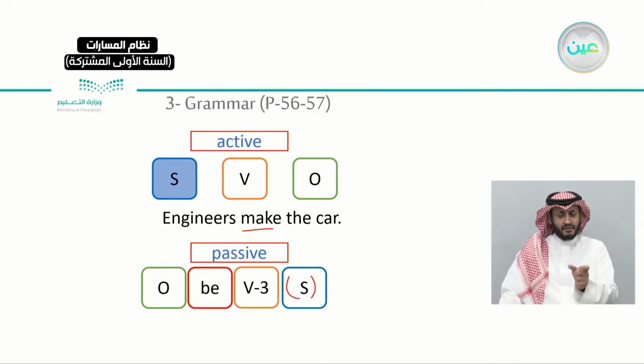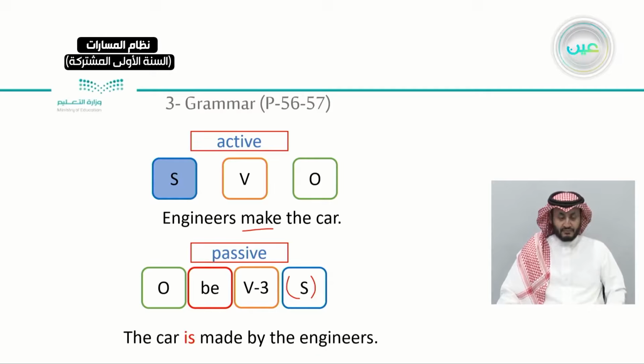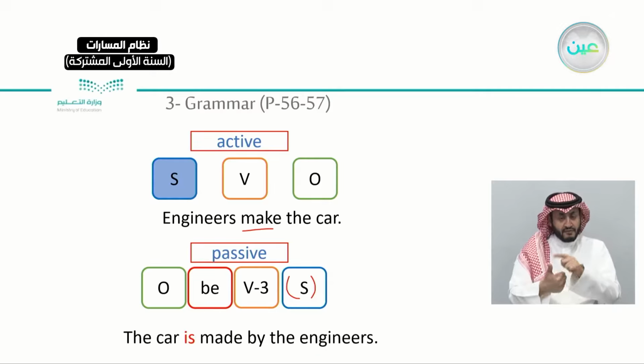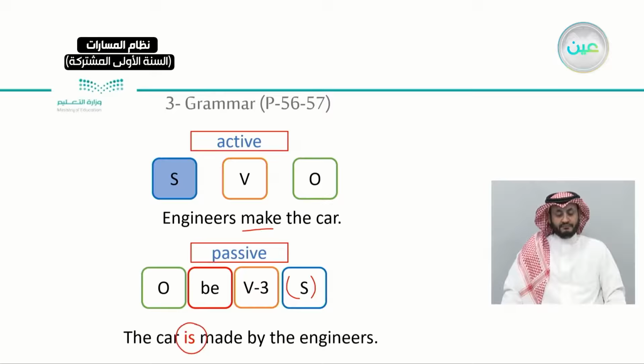You can use it and you can take it out. So we start with the object. The car then is made by the engineer. And the verb to be is always important in the passive voice because it indicates the tense, is made. Because the action verb is always in verb number 3, the past participle form of the verb.